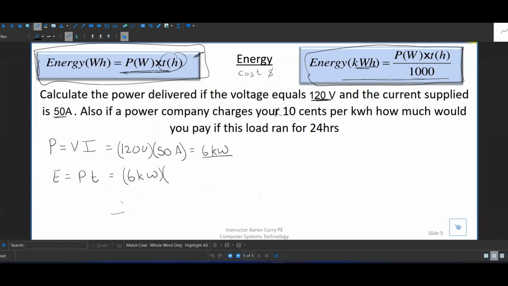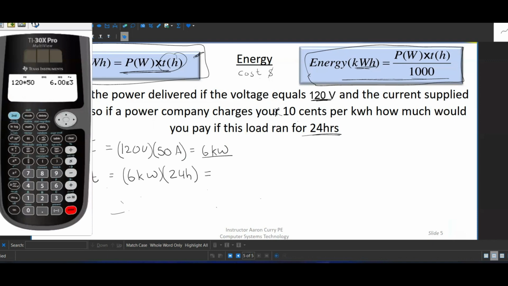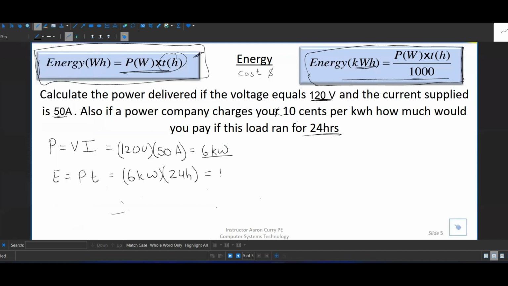We're saying that this load is running for 24 hours. If we multiply this times 24, we get 144 kilowatt hours.